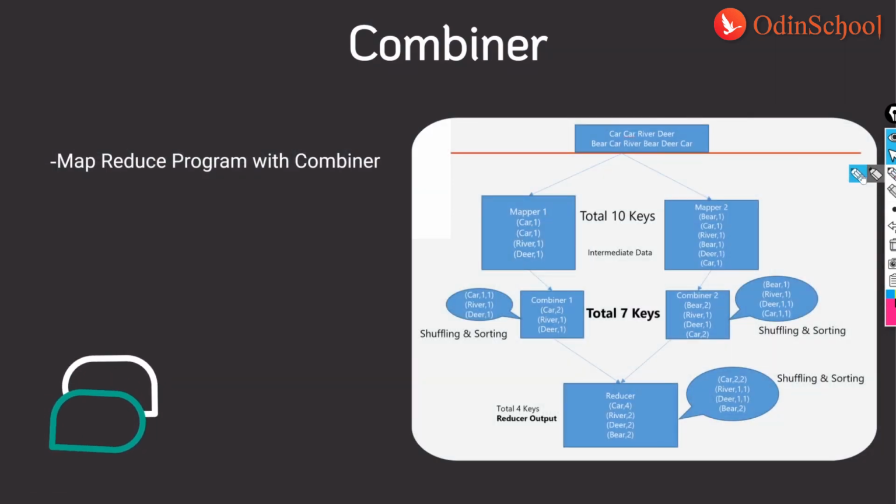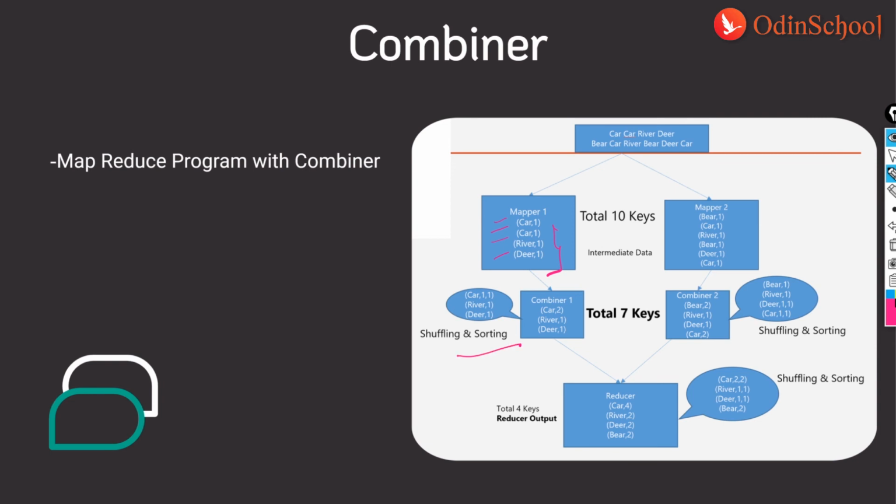Now with a combiner, mapper 1 and mapper 2 both run a semi reducer on their local machine. That means for car comma 1, car comma 1, river comma 1, deer comma 1, it performs the semi reducing task and produces car comma 2, river comma 1, deer comma 1.